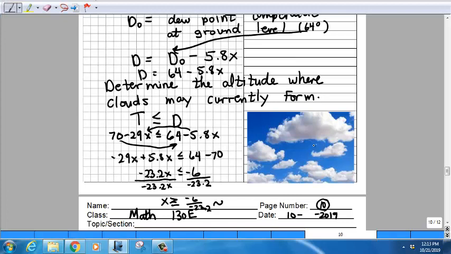Emiliano, what's that to one decimal place? Minus 6 over minus 23.2. Try to give me a little bit more accurate answer than that, okay? How are you doing that? Oh, okay, you're looking there.